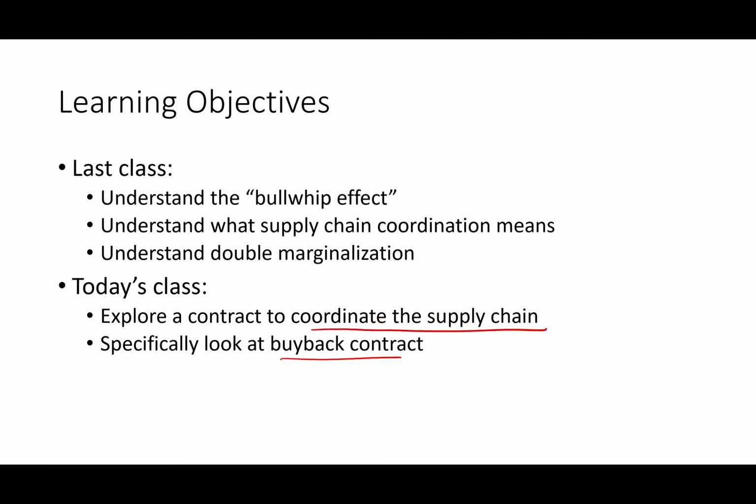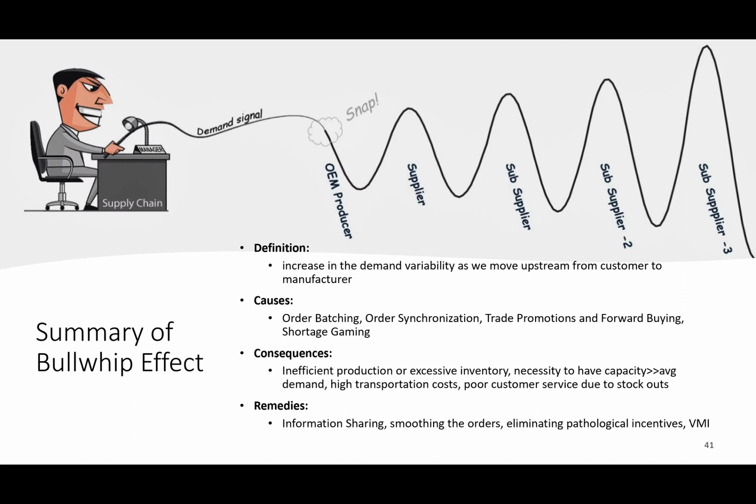So as you might recall, in the last class, what we were doing was understanding the bullwhip effect. And the bullwhip effect is essentially an increase in the demand variability as we move upstream.